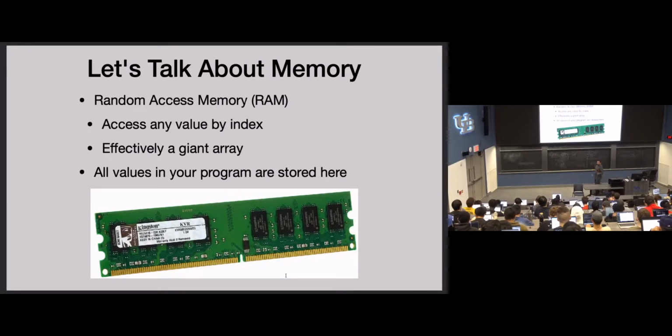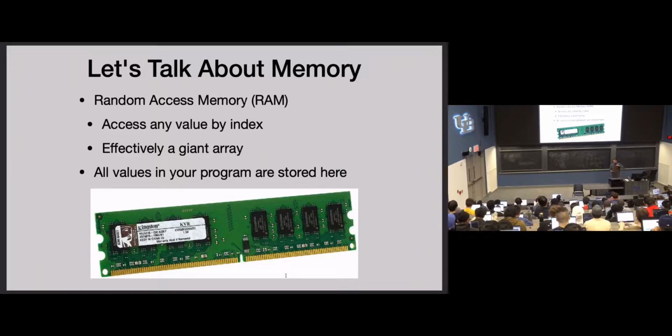When I say memory, at least in this course, I mean RAM, random access memory, which is your RAM sticks, which you all have in your laptops and in your desktops. These RAM sticks are effectively a giant array with indices going up to the size of your RAM. Billions of indices, billions of values that can be stored in this memory.